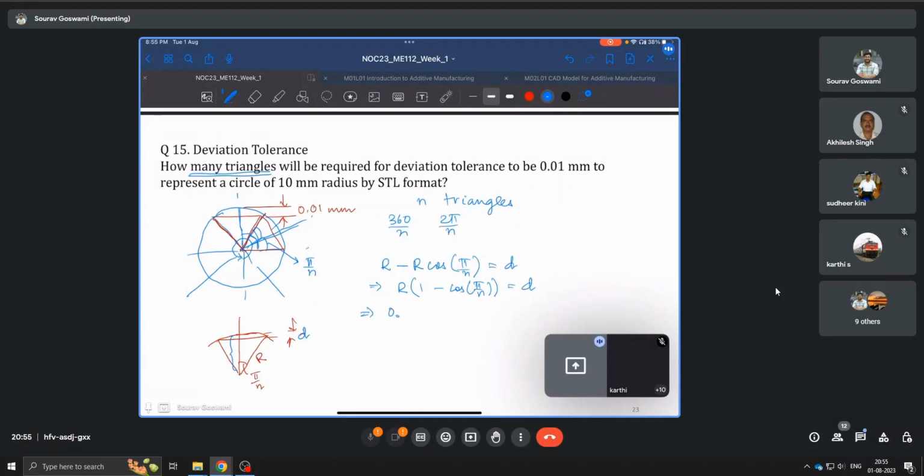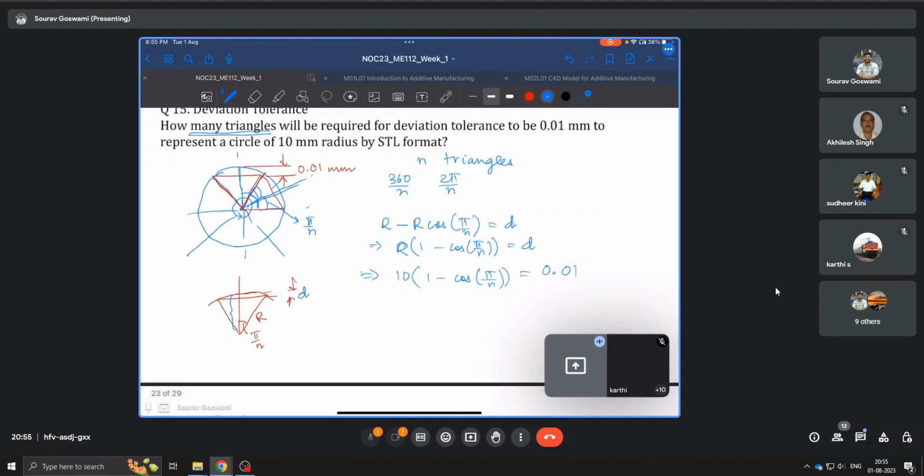So the radius is 10 mm, and the right hand side is 0.01. So this will give me 1 minus cos pi by n shall equal 0.001.